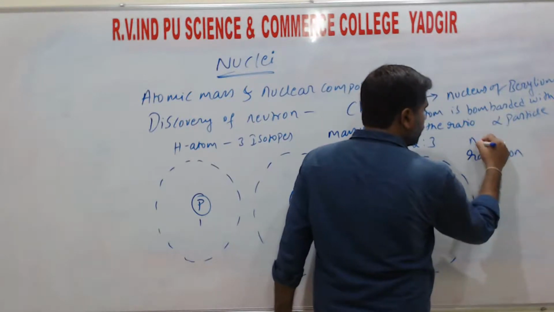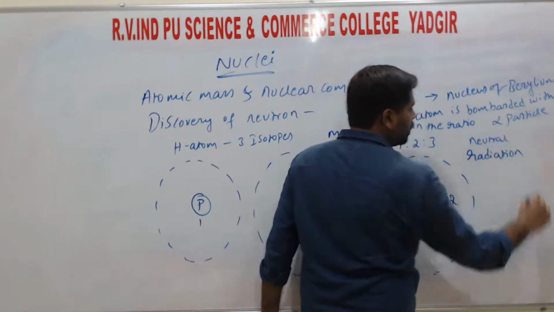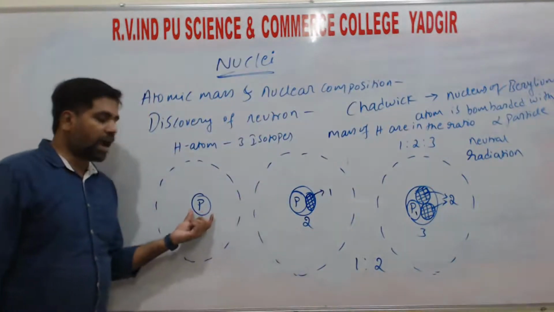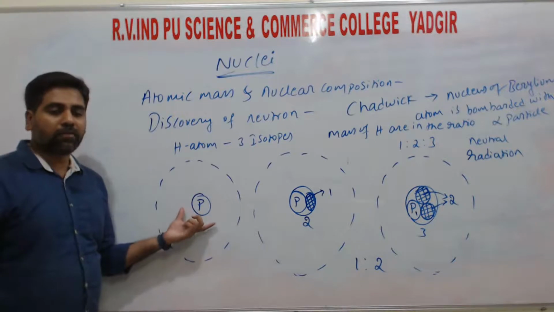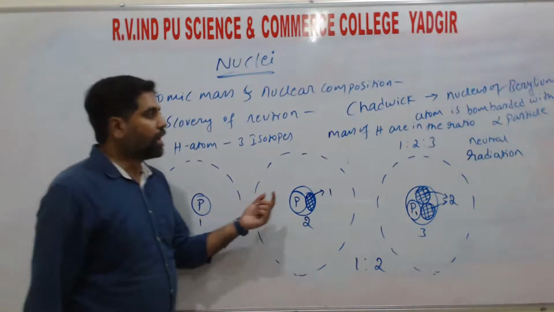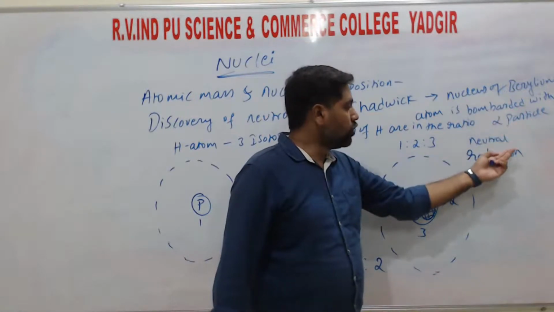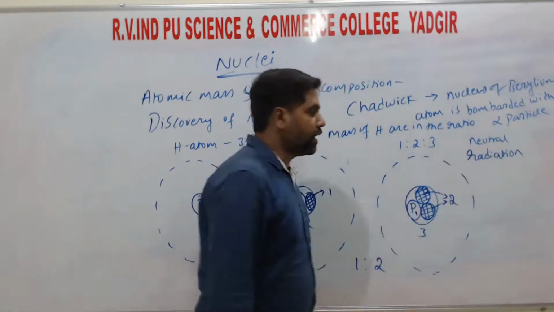Those radiations are neutral radiations, right? Up to that time we had only one particle, the proton. So when the beryllium atom is bombarded with the alpha particle, neutral radiations are emitted.